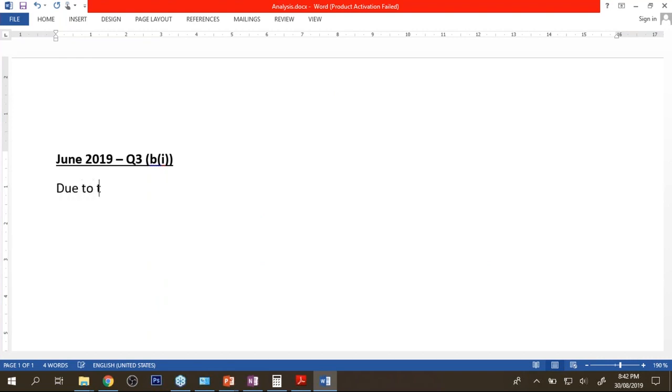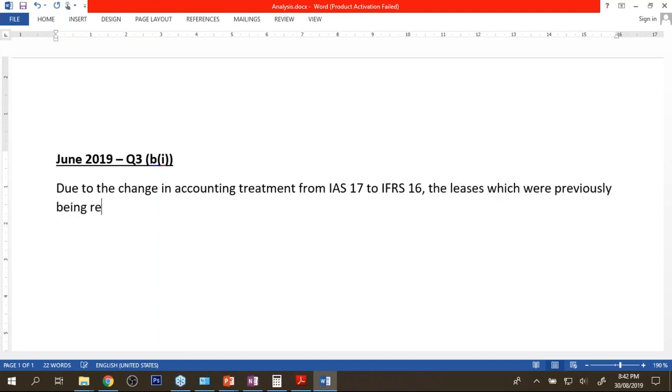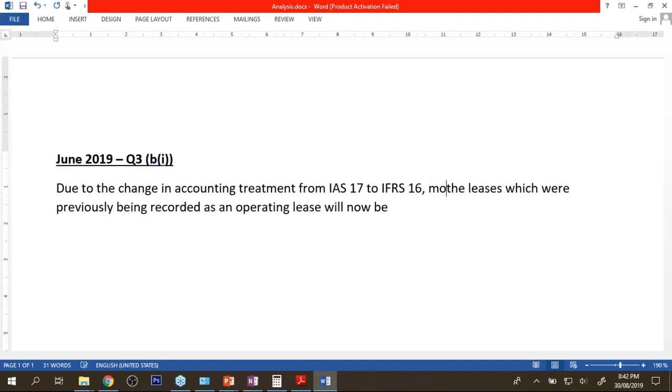We are going to say that due to the change in accounting treatment from IAS 17 to IFRS 16, the leases which were previously recorded as operating leases, we can say the majority of the leases which were treated as operating leases, will now be treated under a single lessee accounting.